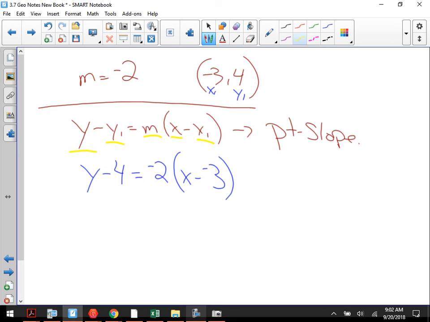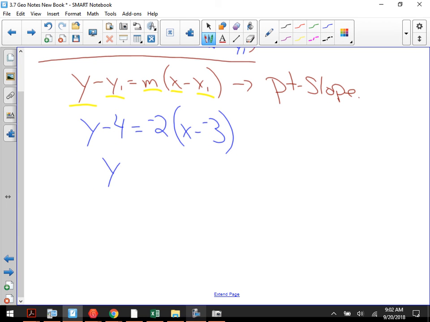And anytime we see minus and negative, what do we automatically change it to? Always change it to a plus. And now I have to get y by itself. In order to do that, I have to first distribute the -2.